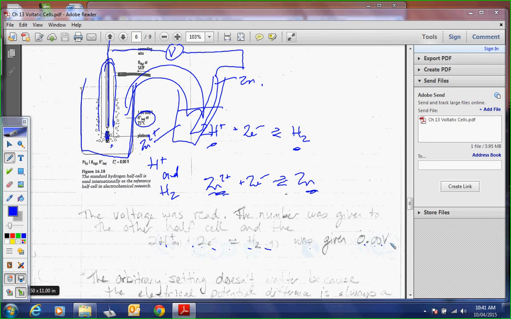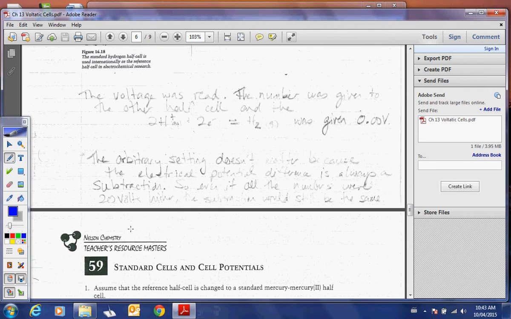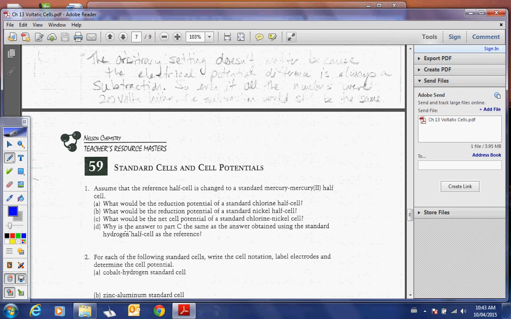It's actually an infinite number of zeros, but because everything else is two significant figures, it just makes sense to record that as two significant figures. The arbitrary setting doesn't matter, because the electric potential difference is always a subtraction.